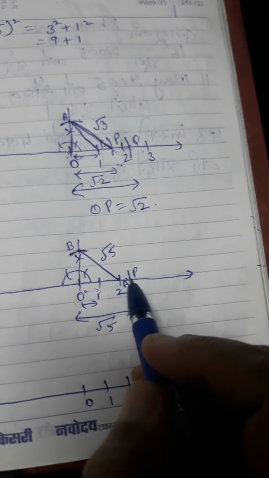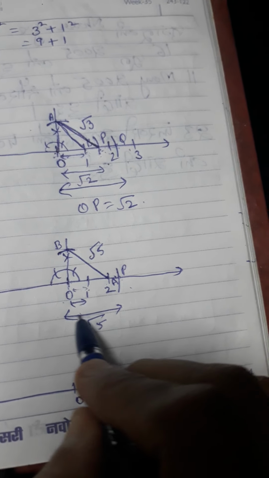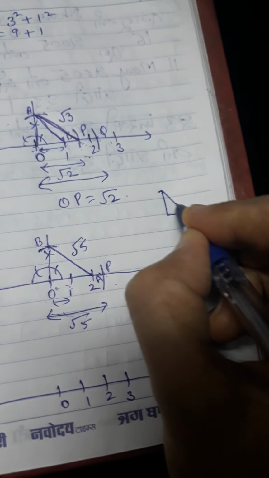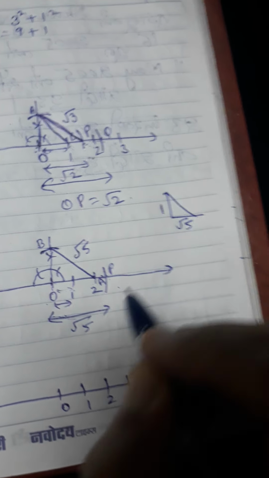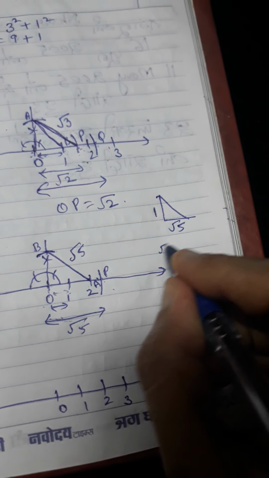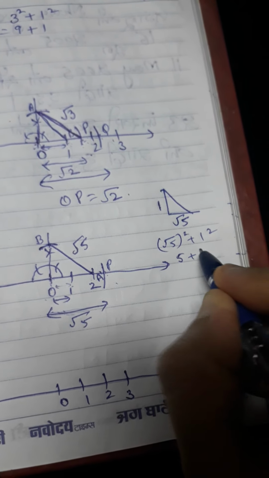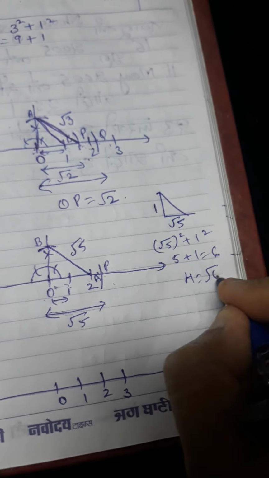Okay. Then after getting under root 5, we need under root 6. Now under root 5 this side, let's draw the right angle triangle. If I have under root 5 on this side and 1 here, then what I get, under root 5 square plus 1 square, that is 5 plus 1, 6. So hypotenuse comes out to be under root 6.